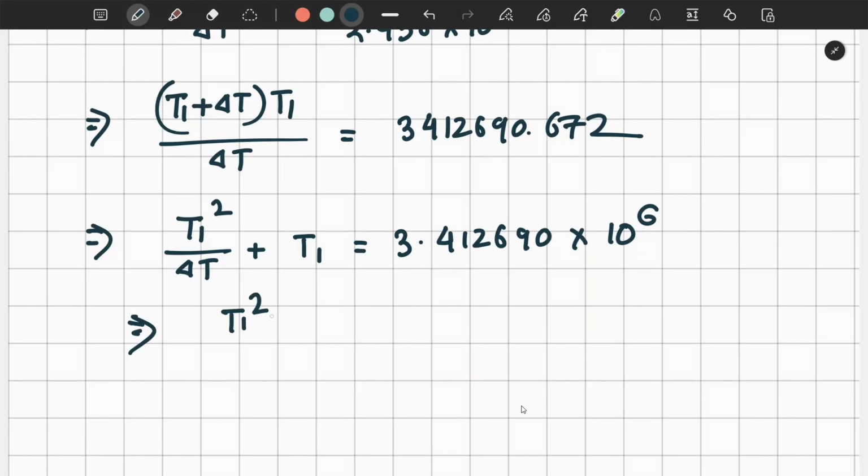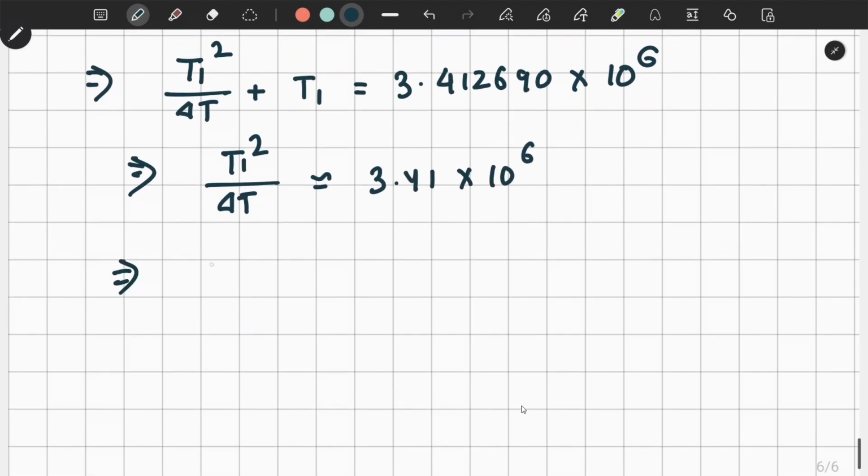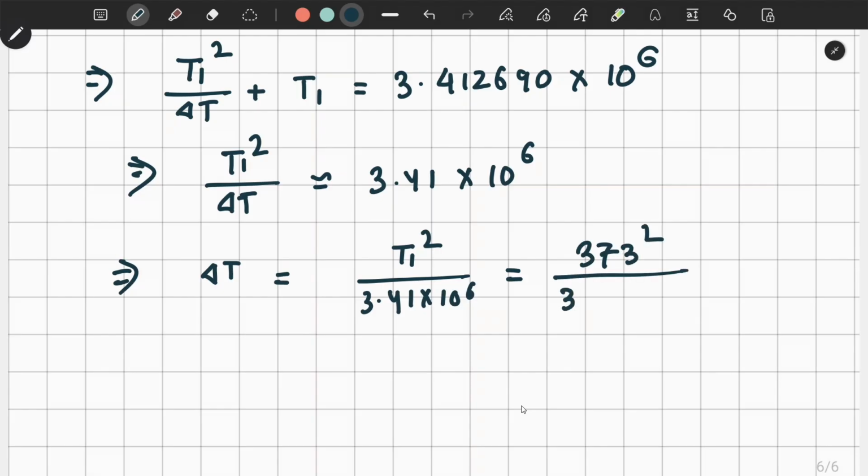So T1 squared by delta T. This is the delta T. I don't know whether it is correct or not.